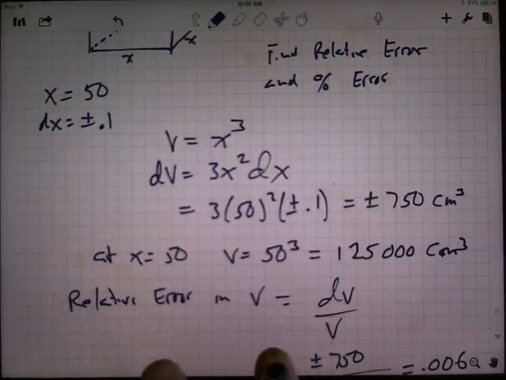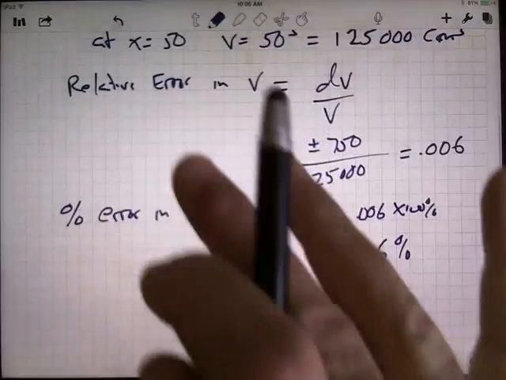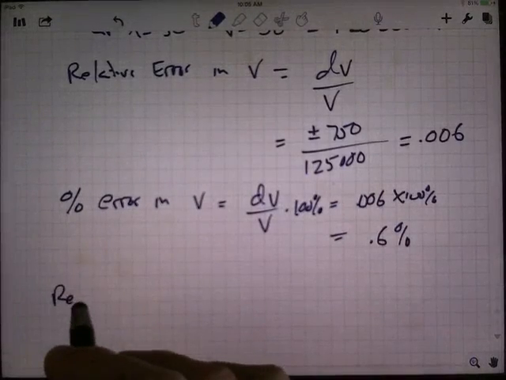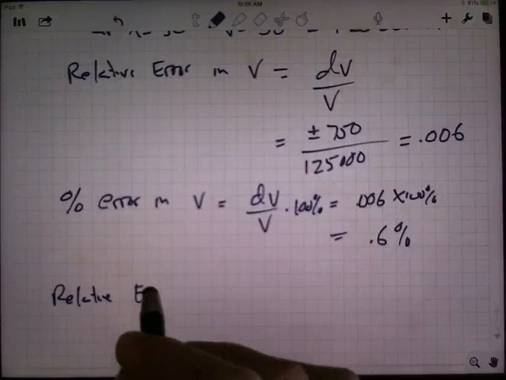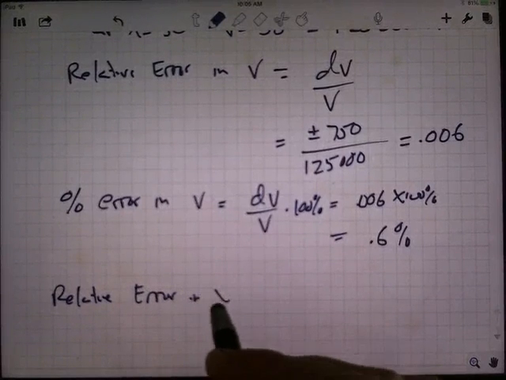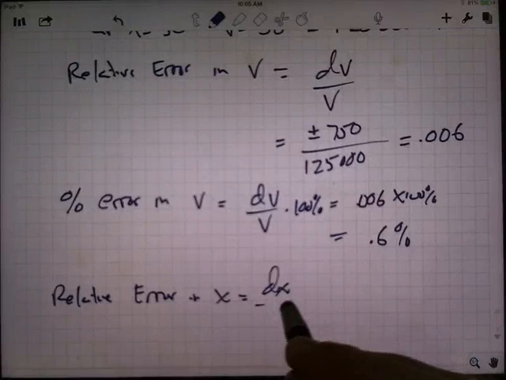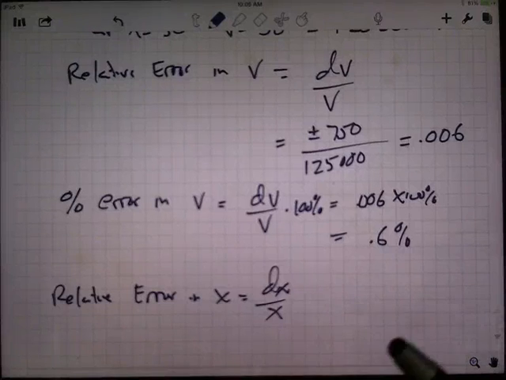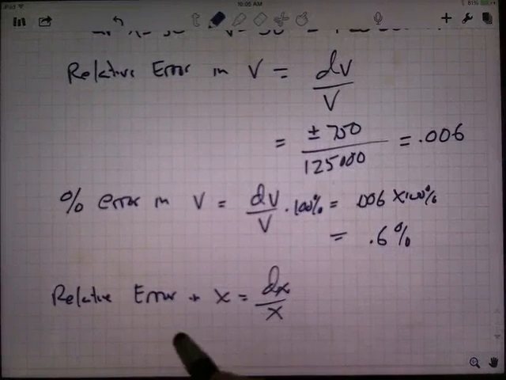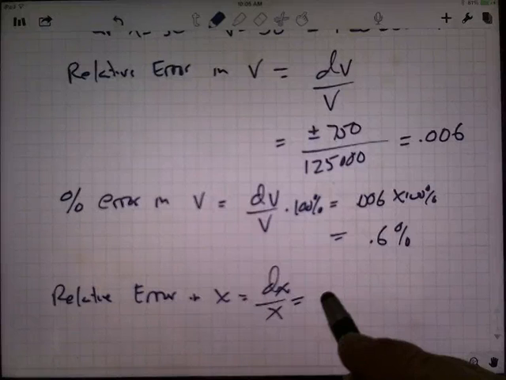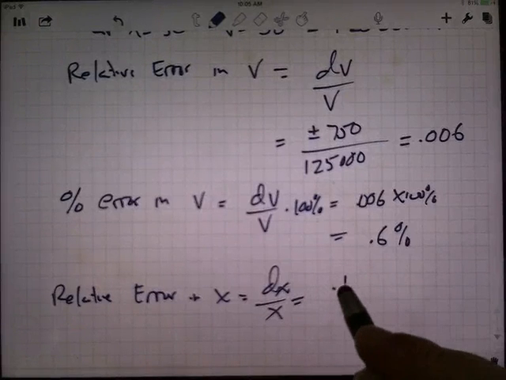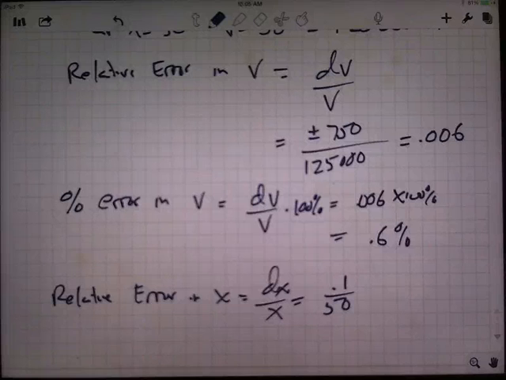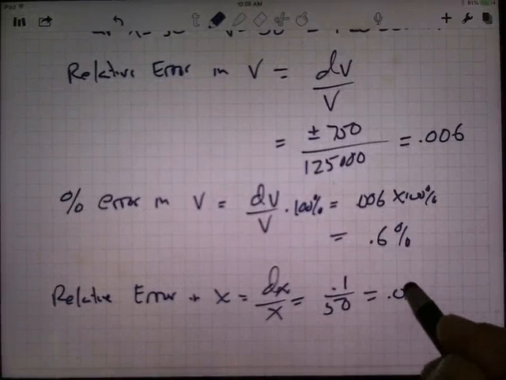Notice that there's the relative error in the volume. I could also talk about the relative error in x, which is dx over x, where for volume it was dV over V. So the change in x divided by whatever x is, that's the relative change or the relative error. In this case, it was 0.1 over 50. What's 0.1 divided by 50? It's 0.002.